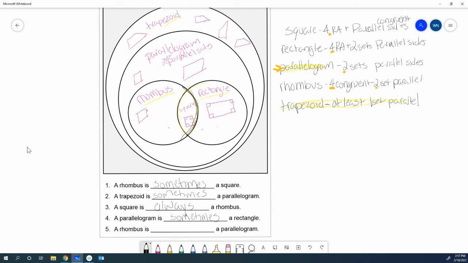For this one, I hope you said always. That rhombus is inside the parallelogram circle. A rhombus has to have 2 sets of parallel sides, so it is a parallelogram by definition. Make sure you have the correct shapes written in the correct areas and the correct sometimes, always written in as well. You can go ahead and get started on your IXLs and your classwork.